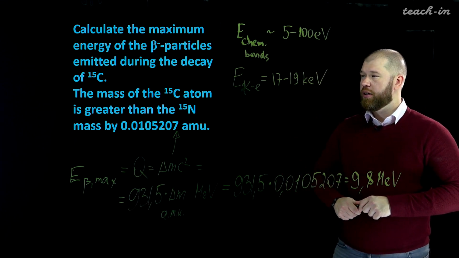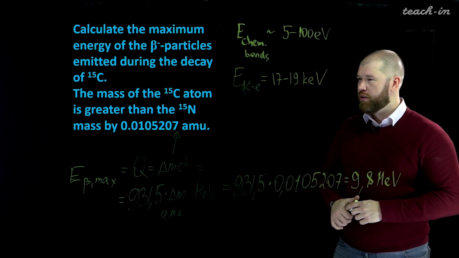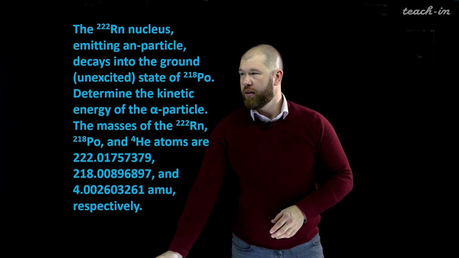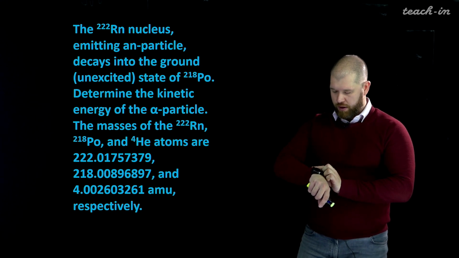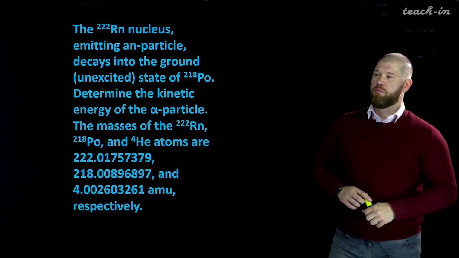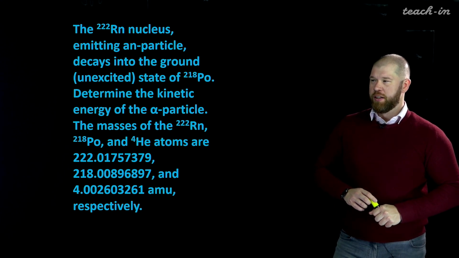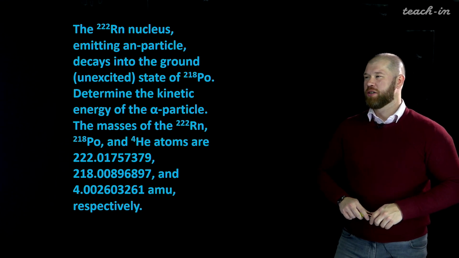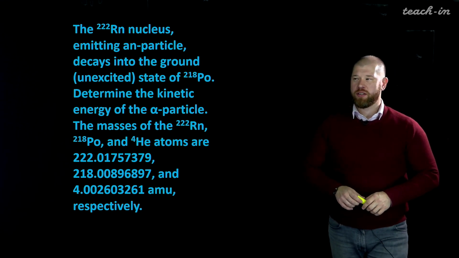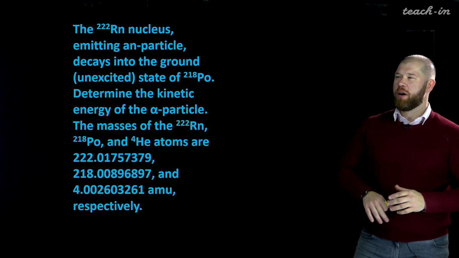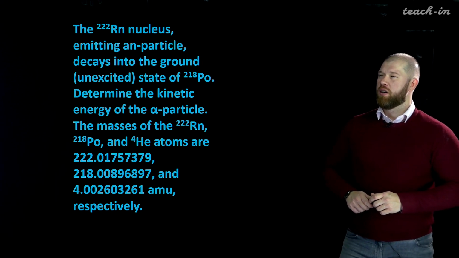And now we will go to the next task. So we will calculate the energy of the alpha particles. It is a bit more difficult task, but only a bit. So what is the difference when we talk about the energy of alpha particles and beta particles?